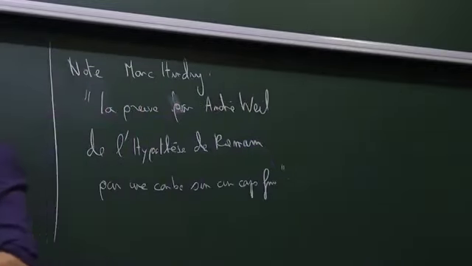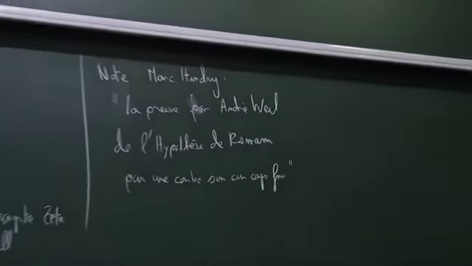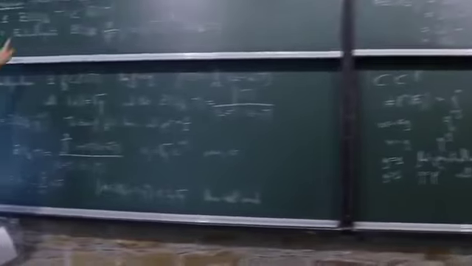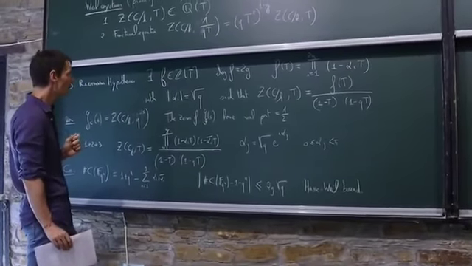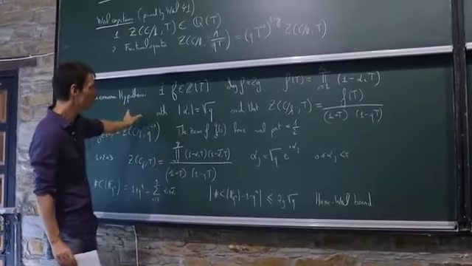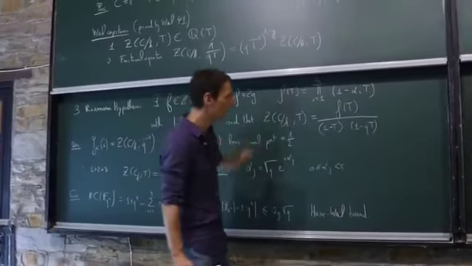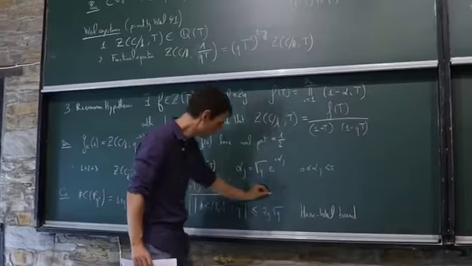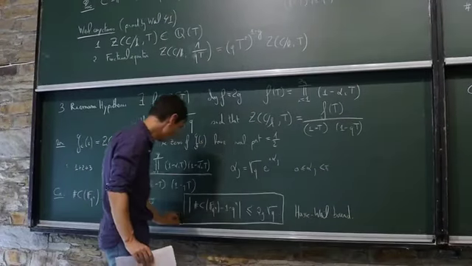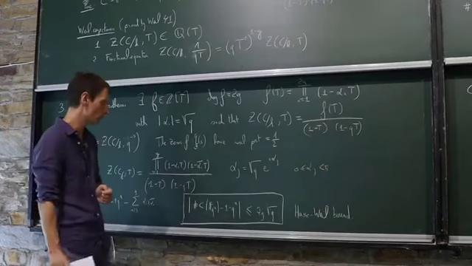And actually what we are going to prove is only the third part. The first two parts were known before Weil. And also, we are not even going to prove that F is exactly of this form. We are going to prove this inequality, the Hasse-Weil inequality.